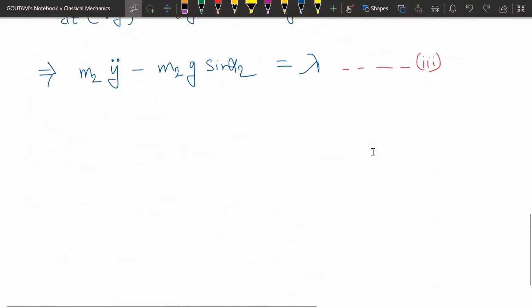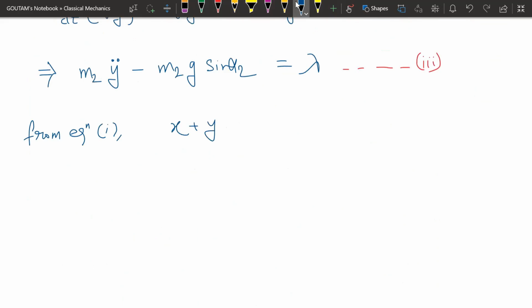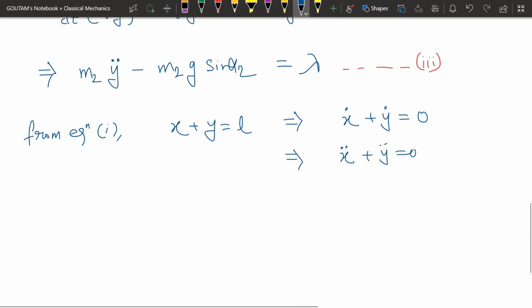So from equation 1, we can write x plus y equals L, and if we take the derivative with respect to time, we get x dot plus y dot equals 0, and taking the derivative once more, x double dot plus y double dot equals 0, or we can write y double dot equals minus x double dot.